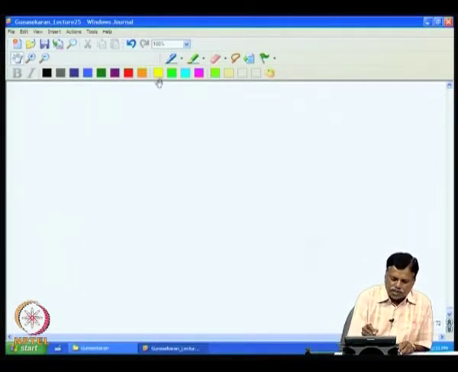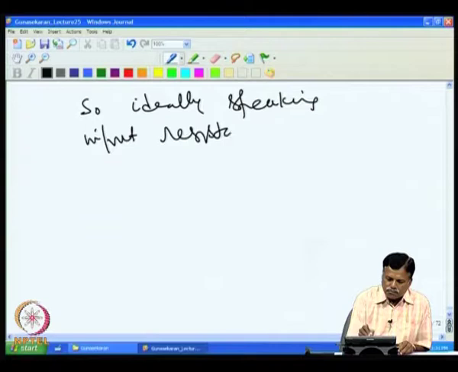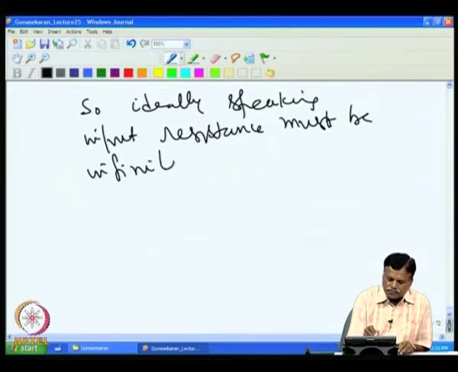So, ideally speaking, input resistance must be infinite for voltage measurement.